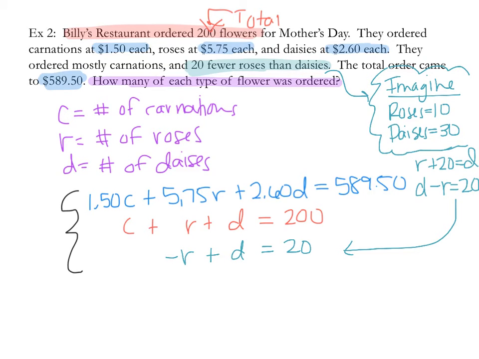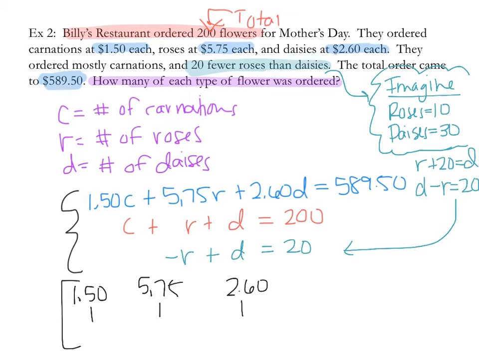Okay? And then we're going to go ahead and write our matrices out. This is going to be 1.5, 5.75, 2.60, and then the next row is 1, 1, 1.